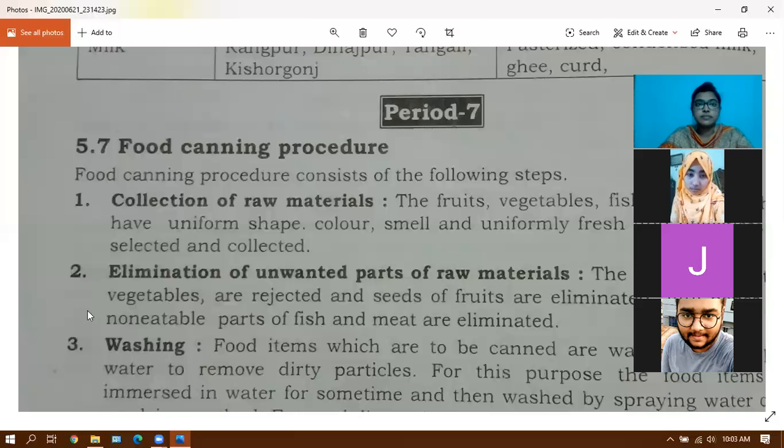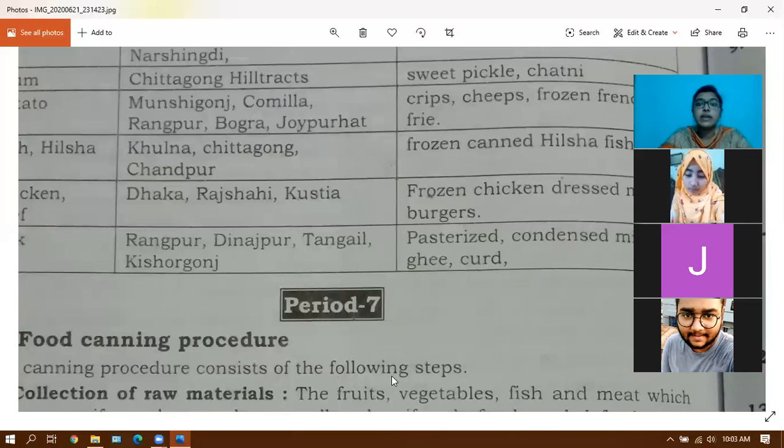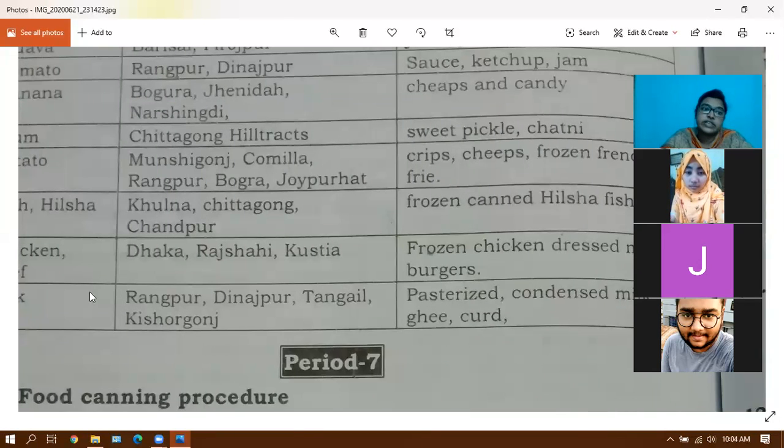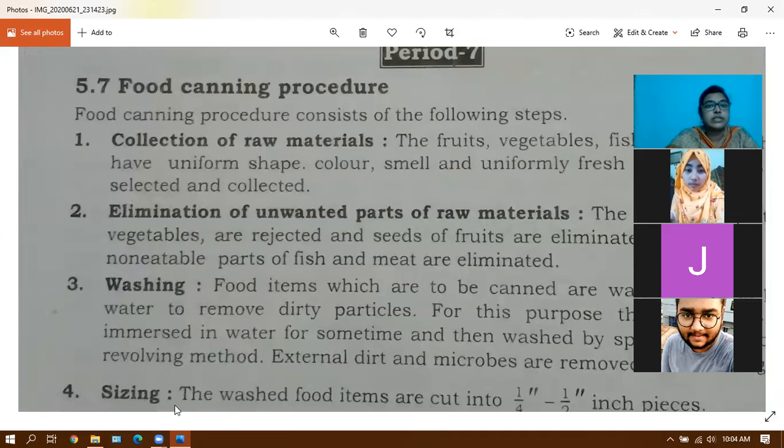Milk, pasteurized, condensed milk, ghee, curd, etc. These are processed food and these are raw material. Now we'll discuss about canning process. That means food canning procedure.